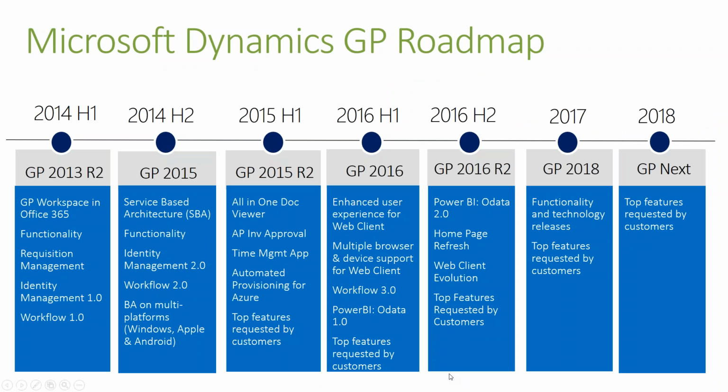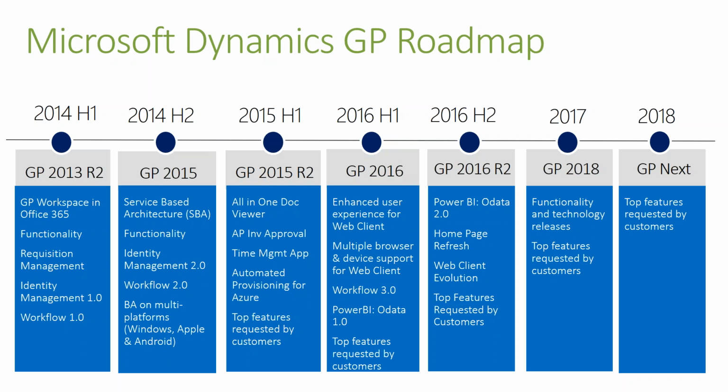So the roadmap. Microsoft continues to invest and release new functionality in Microsoft Dynamics GP. The current version is GP 2016 R2. That stands for Release 2. Some of the highlights of that latest release include enhanced integration capabilities with OData, also integrating with Microsoft's Power BI, a very nice business intelligence tool.